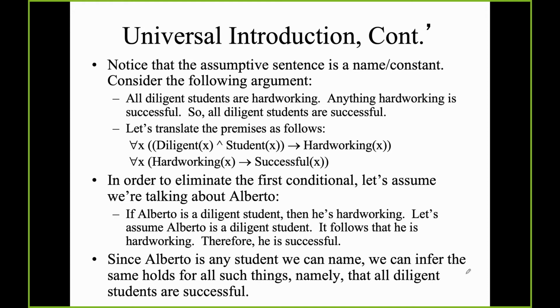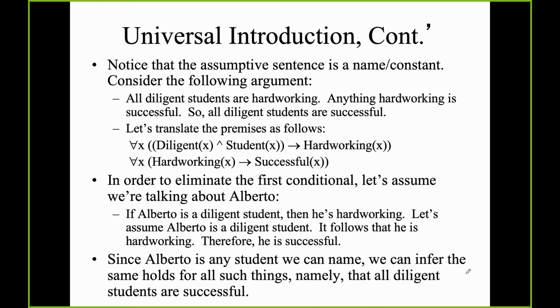All diligent students are hardworking. Anything hardworking is successful. Or you could say, let's make this specific to a person, so anyone hardworking is successful. So all diligent students are successful. Valid argument. What we need to do is prove the conclusion.